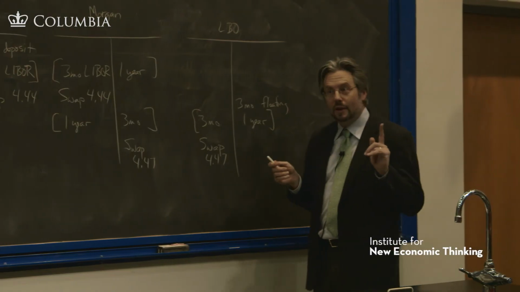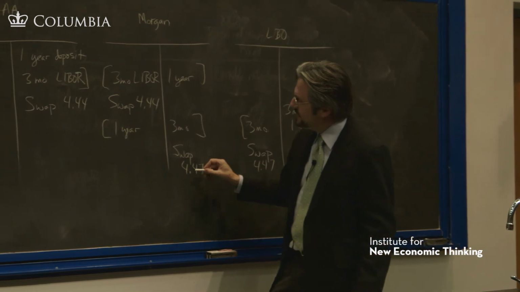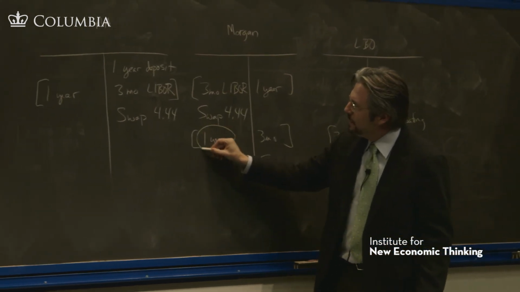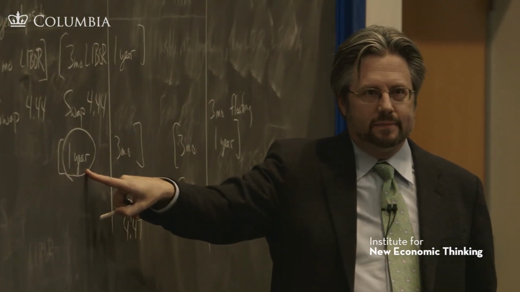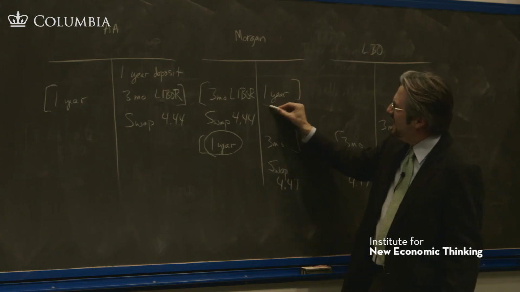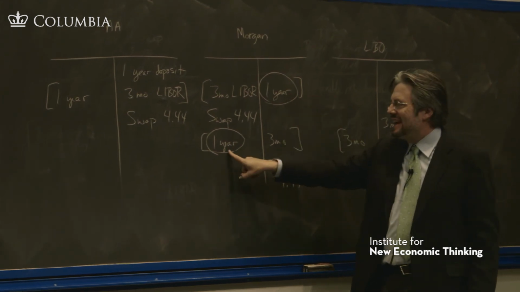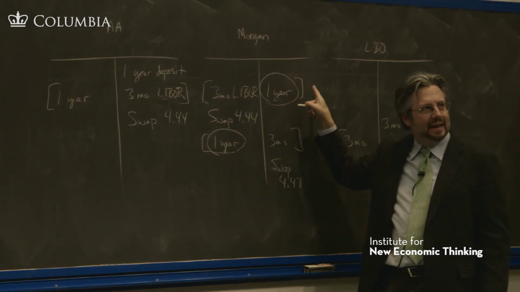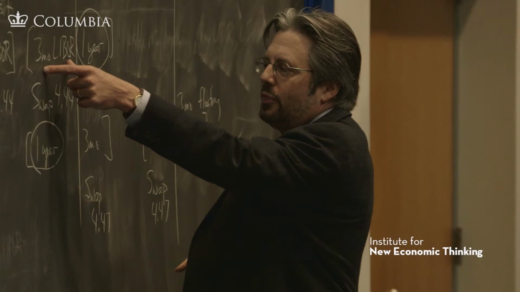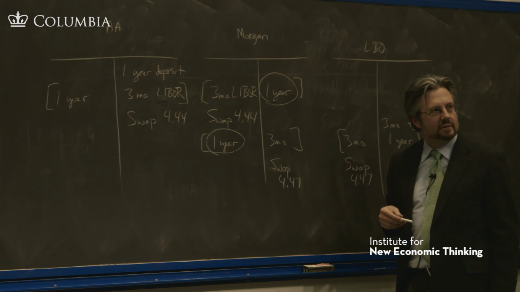Because if you look at the actual structure, you see this 447 is what we're being paid on that. Okay? And this 444 is what we are paying on that. So we're actually getting 447 and we're paying 444. And these are both 3-month LIBOR, and so they net. And so we're making 3 basis points.